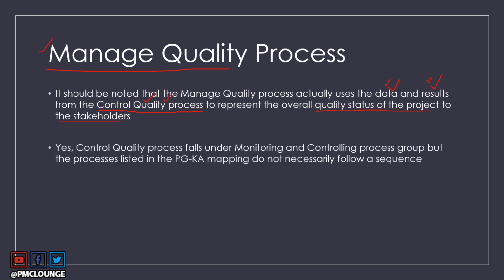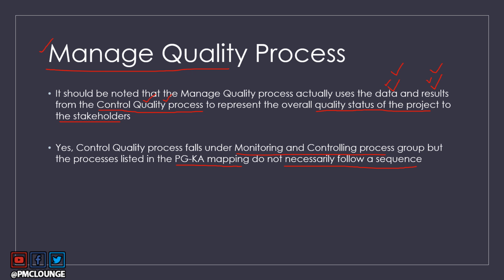Now, control quality process, like I mentioned, falls under the monitoring and controlling process group, and the processes listed in the PGKA mapping do not necessarily follow a sequence. So you cannot say, hey, how come we are using data and results from a process which we have not reached yet?